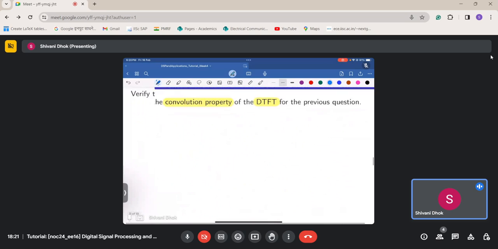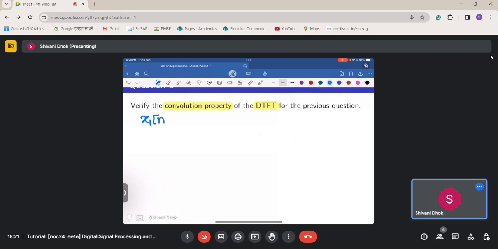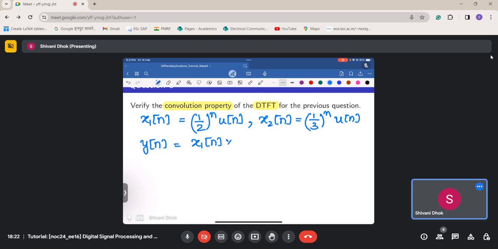So we have x1 of n as (1/2)^n u[n], x2 of n is equal to (1/3)^n u[n], and we had found y of n equal to x1 of n convolved with x2 of n, which came out as 3 into (1/2)^n u[n] minus 2 into (1/3)^n u[n].